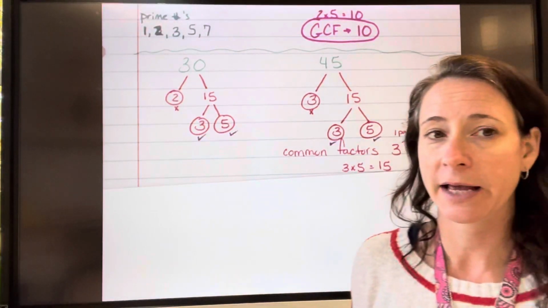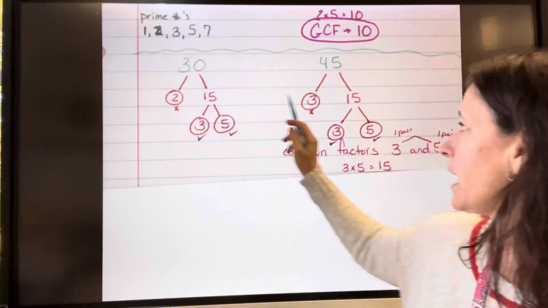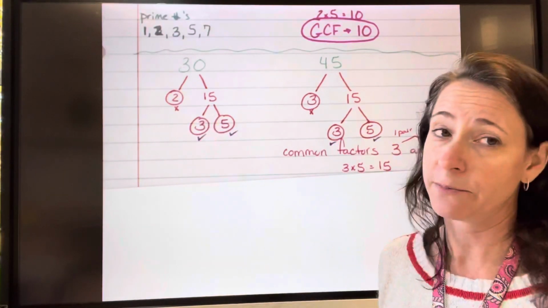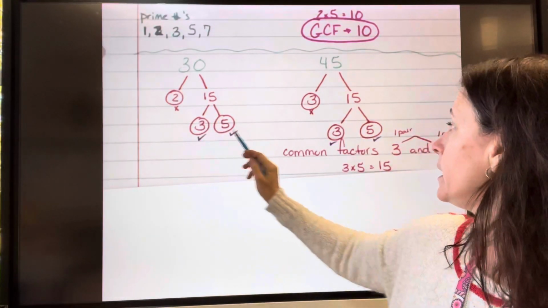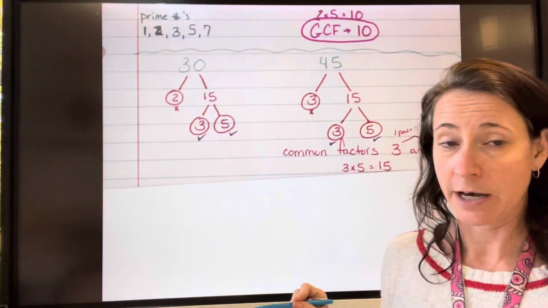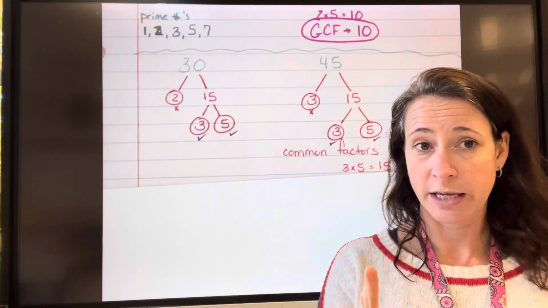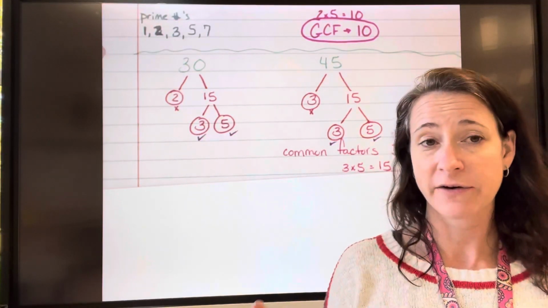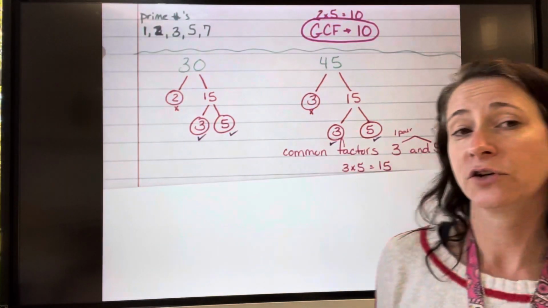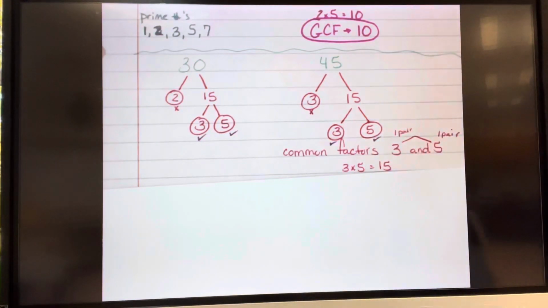Then I looked for my common prime numbers. 2 does not have a pair with 45, so 2 would not be one I would select. 3 has a pair here, so it has one 3 in common and one 5 in common. So because there is one 3 that has a pair and one 5 has a pair, I multiply 3 times 5 and get 15. So the greatest common factor between 30 and 45 is 15.